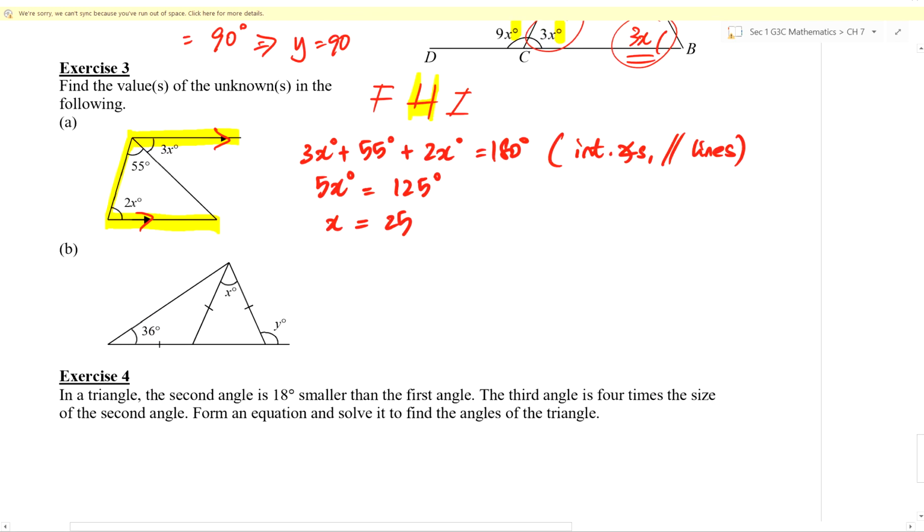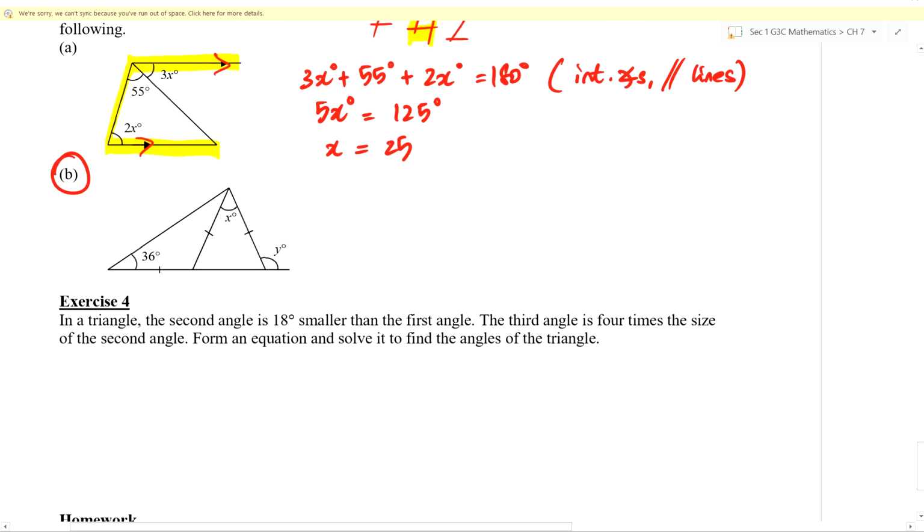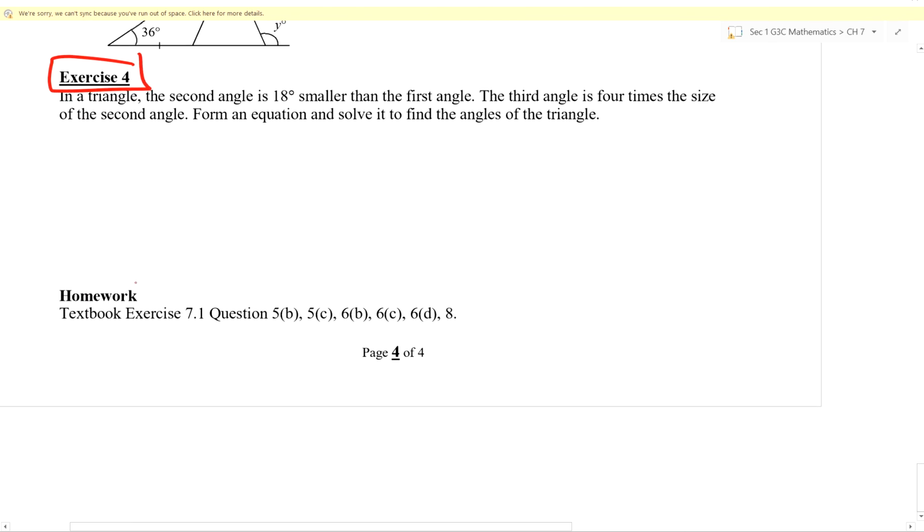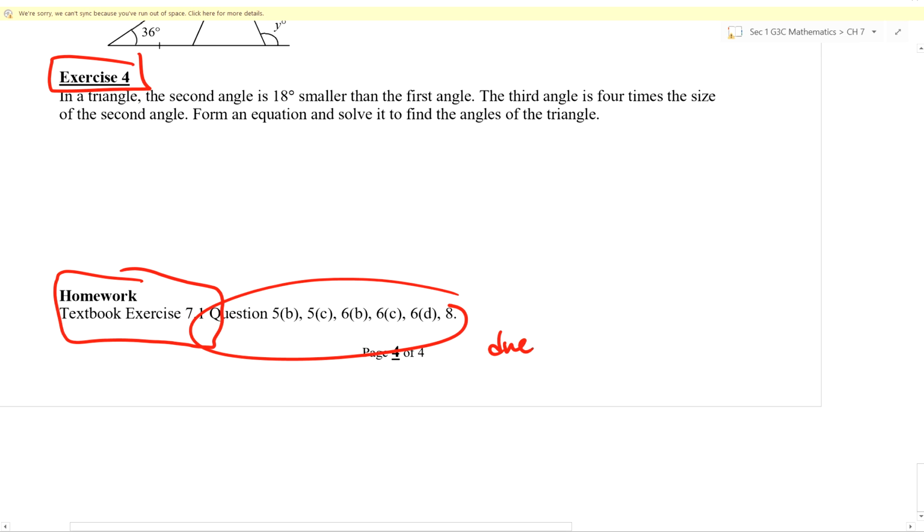Now for the remaining time, please do part B, exercise number 4, and you may start on your homework questions. This set of notes as well as this set of homework are both due today, 10 p.m. and today is the Wednesday.